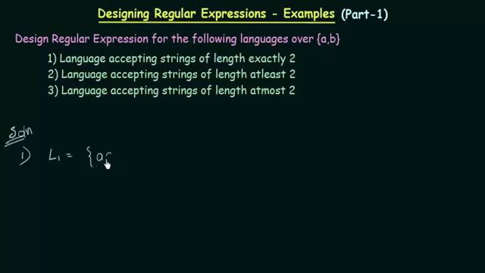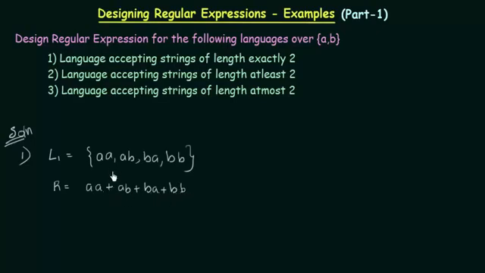The possibilities are aa, ab, ba and bb. So these are the only strings that will be accepted in this language L1. So how do we design the regular expression for this? It is very easy. We can just write aa + ab + ba + bb.